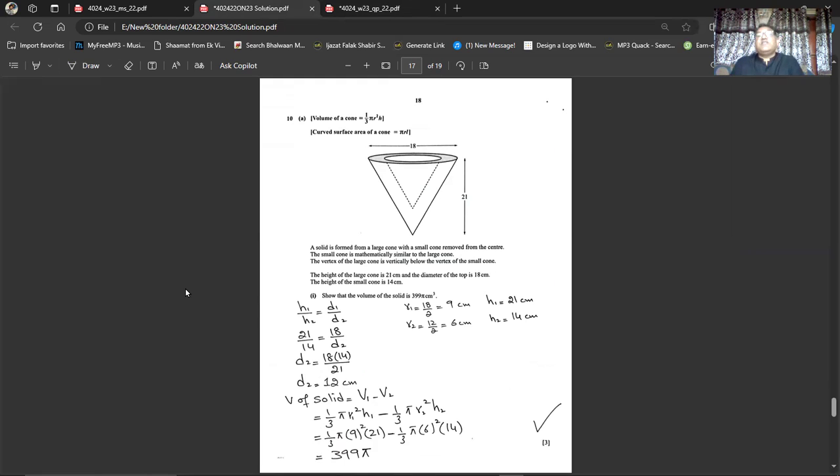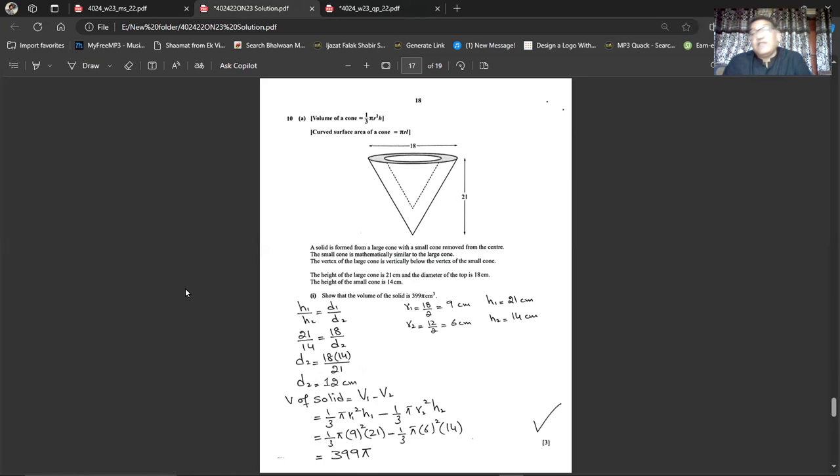So D2 will be 12 centimeters. That means the radius of the larger cone is 9 centimeters and the height of the larger cone is 21 centimeters. The radius of the smaller cone is 6 centimeters and the height of the smaller cone is 14 centimeters. The radius is half of the diameter.